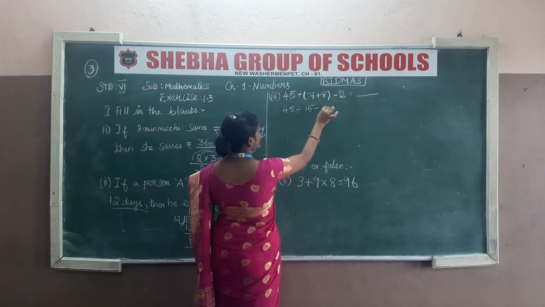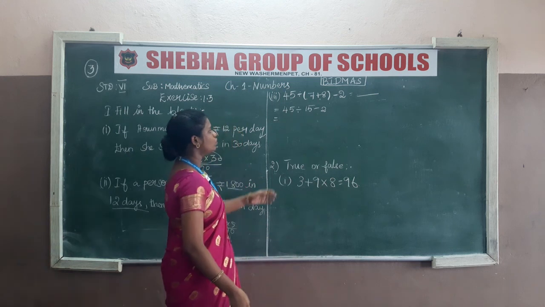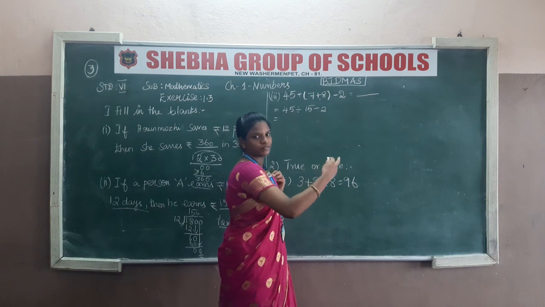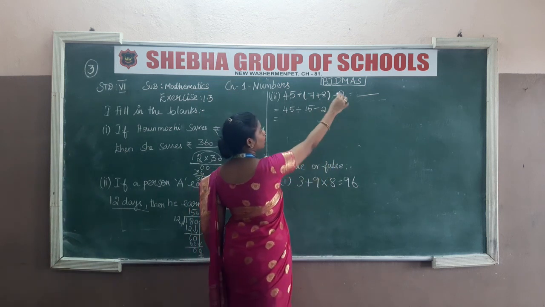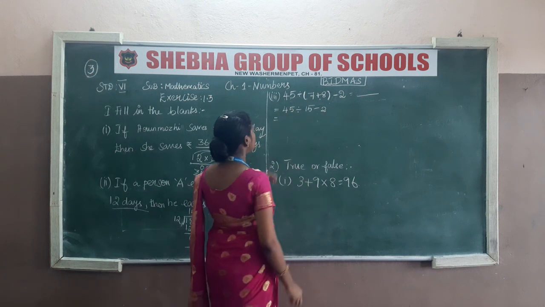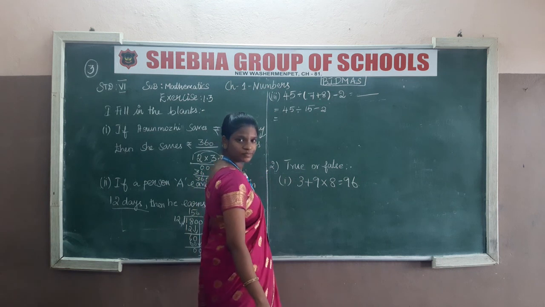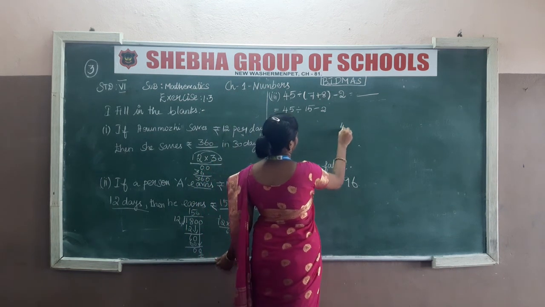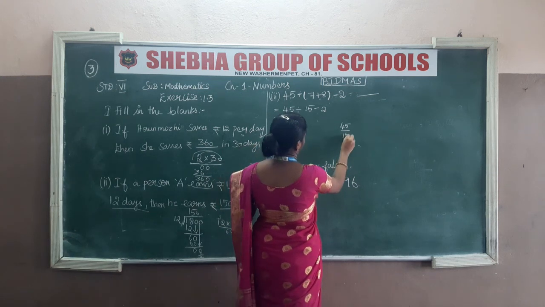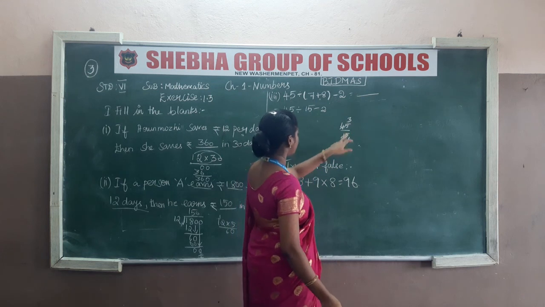So 45 divided by 15 minus 2. Are there any indices in the question? Indices mean powers. No. Next, is there a divide in the question? Yes, so we divide: 45 divided by 15. 15 ones are 15, 3s are 45.